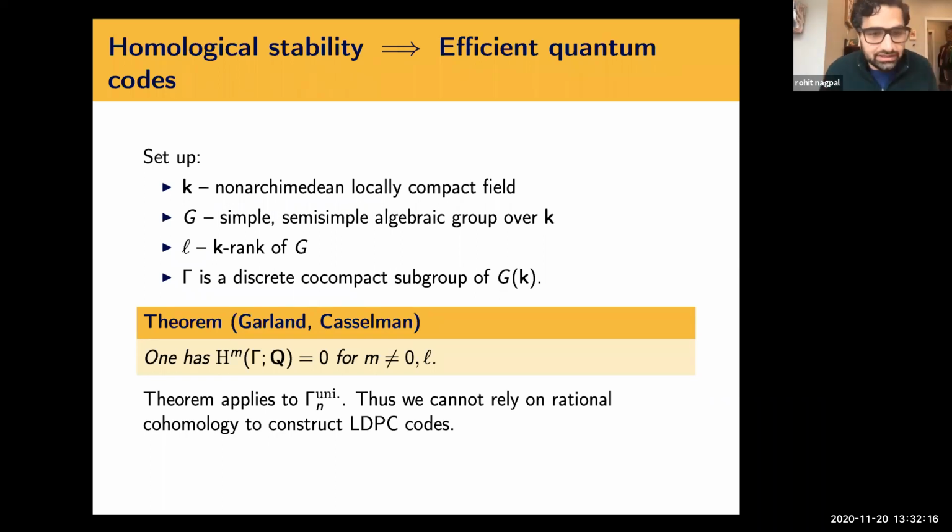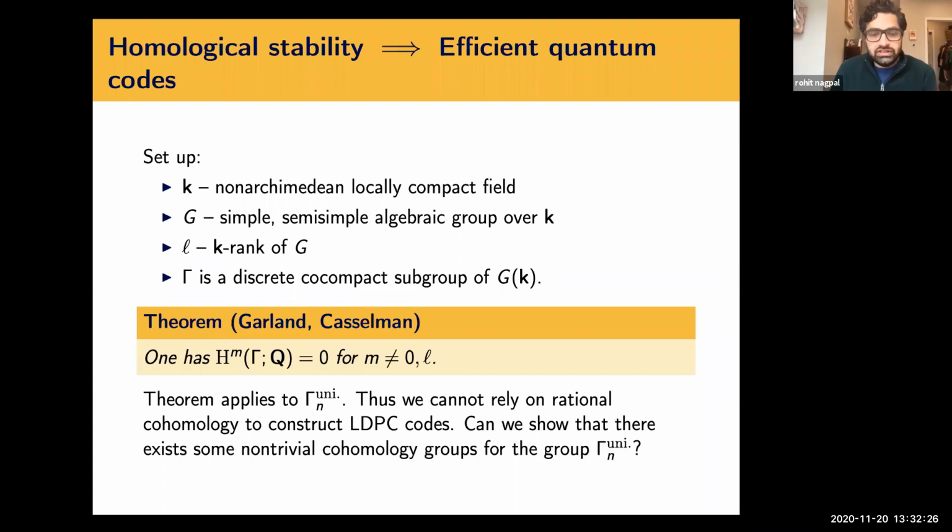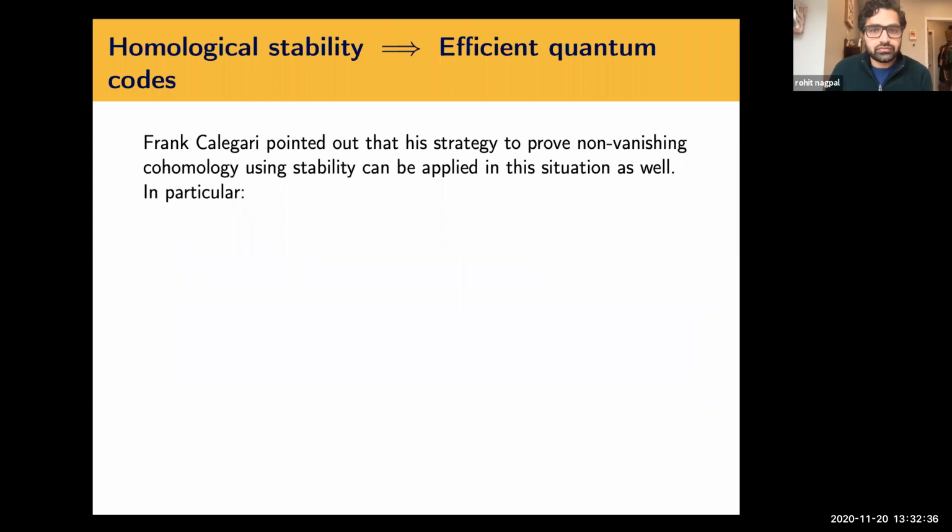So this theorem applies, and that's why we don't have any interesting rational cohomology. So we can't rely on rational cohomology. But maybe there are some integral cohomologies or mod p cohomologies that we can construct. That's the next thing that we want to try and see.